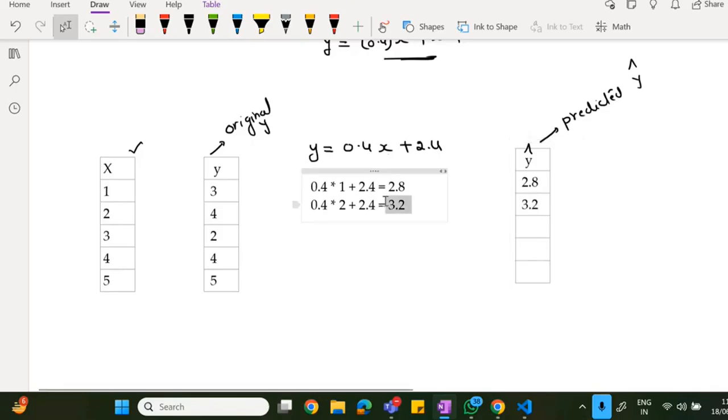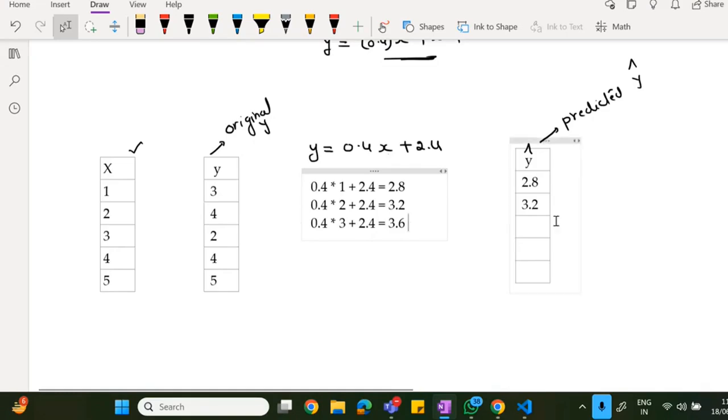Right. Now the third scenario. Here I got 3.6. Actually, it should be 2, but it went over that.